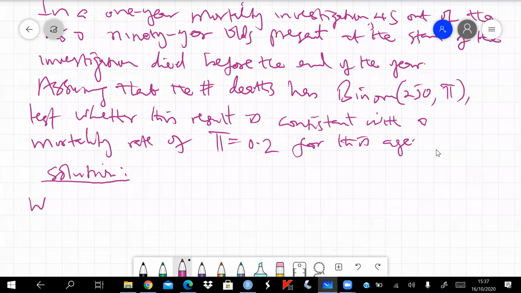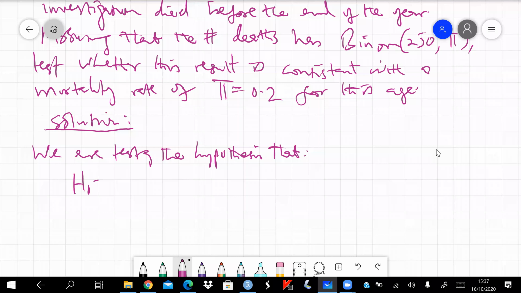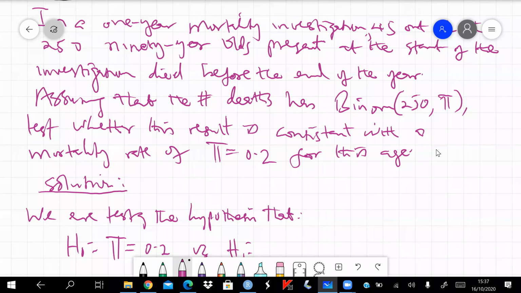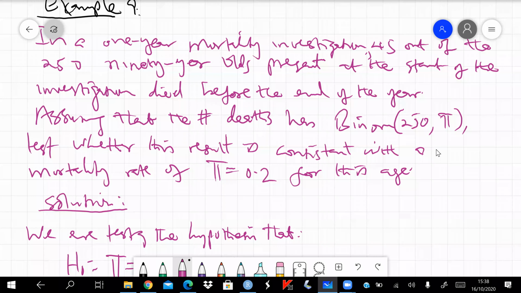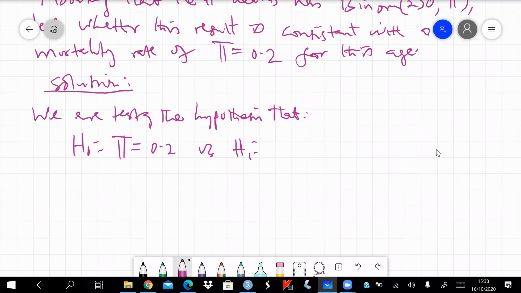So we are testing the hypothesis that H naught, that pi is 0.2 versus H1. So we are testing whether this result is consistent with the mortality rate of pi is 0.2. So the alternative hypothesis should be different from 0.2, which is calling for a two-tailed test.